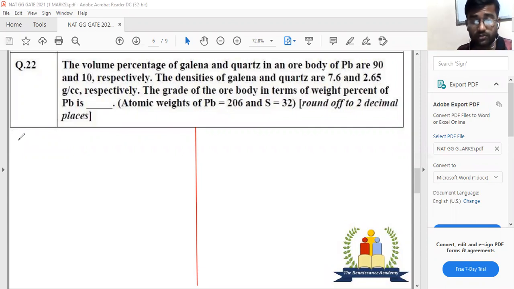The densities of galena and quartz are 7.6 and 2.65 gram per cc respectively. The grade of the ore body in terms of weight percent of PB is. So we need to calculate the grade in weight percent of PB.